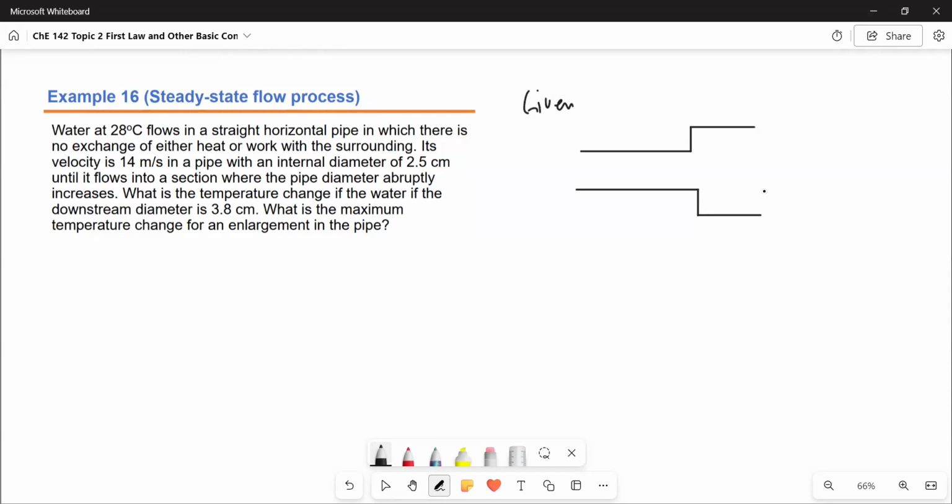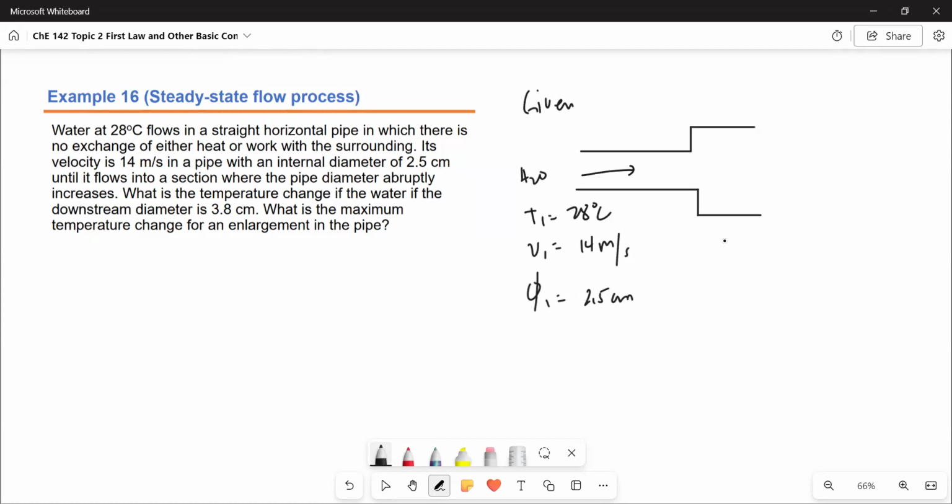At the inlet, water is flowing. T1 is 28 degrees Celsius. Velocity 1 is 14 meters per second. Diameter 1 is 2.5 cm.